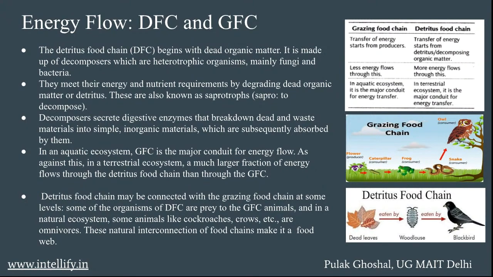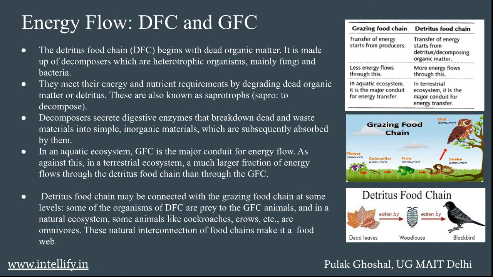Some of the DFC organisms are prey to GFC animals, and in a natural ecosystem, animals like cockroaches and crows are omnivores. So they help in interlinking the grazing food chain as well as the DFC, that is the detritus food chain. Detritus may be connected if a snake directly dies.